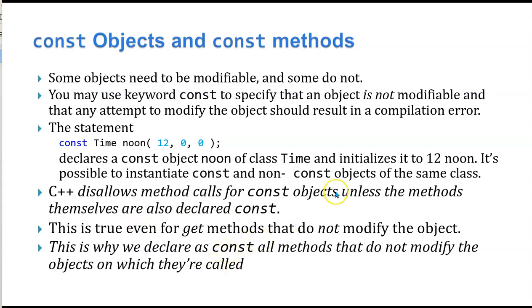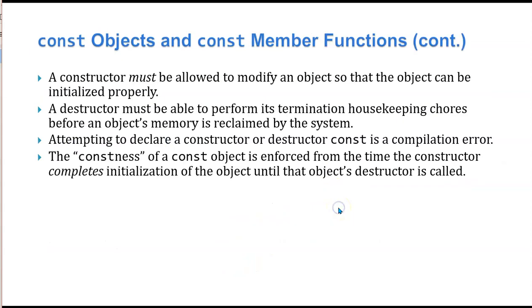This is true even for get methods that do not modify the object. That's why we declare as const all methods that do not modify the object on which they're called. A constructor must be allowed to modify an object so the object can be initialized. A destructor must be able to perform its termination housekeeping before it cleans up. Attempting to declare a constructor or destructor const will be a compilation error.